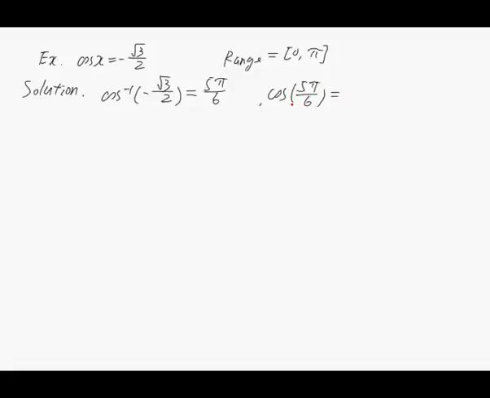And 5 pi over 6 is in quadrant 2, so the cosine is negative. You have negative cosine of pi over 6, and then you get negative root 3 over 2. So now we get the first specific solution, theta 1 equal to 5 pi over 6.